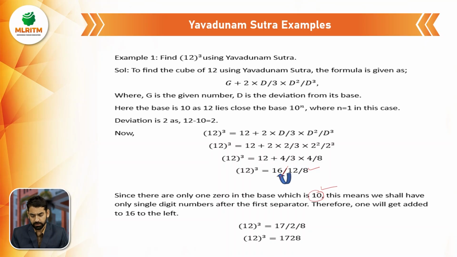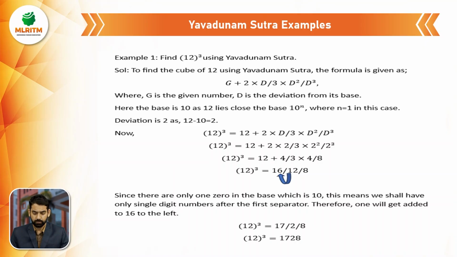That means this 1 will go to the left, and it will get added to this 16. So students, you can take this 1 to the left of the number. That becomes 16 plus 1, that is 17. Here we are left with a single digit number now, 2, and then again a single digit number, 8. So when we combine these numbers, we get 12 cube equals 1728.